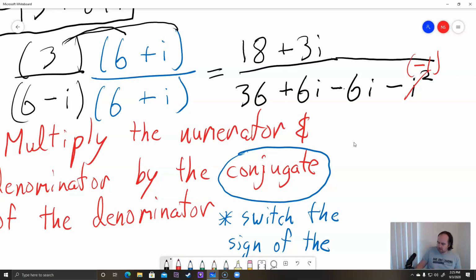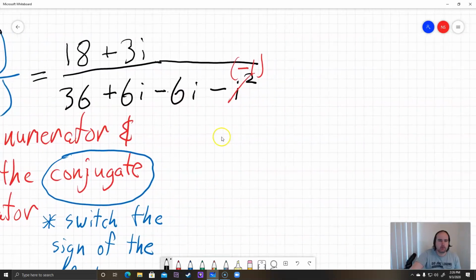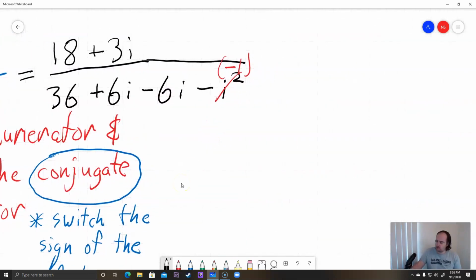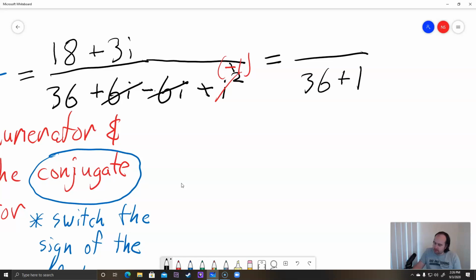So on the bottom, simplifying all this, we've got 36 plus 6i minus 6i. Those are like terms, so they just cancel out. And then we have minus negative 1, which is plus 1. So on the bottom, we just have 36 plus 1, and on the top, we have 18 plus 3i.